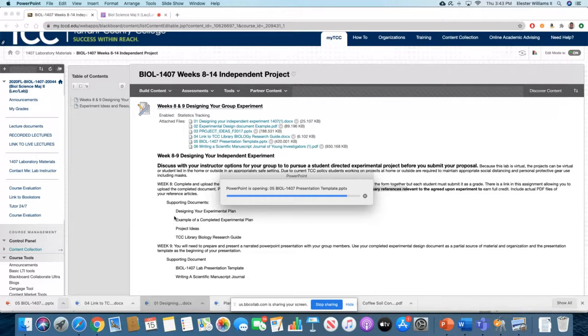For me, it's happening in real time, and I don't get the option to fast forward. We may actually need to move on while that's opening, assuming it didn't crash my whole computer.